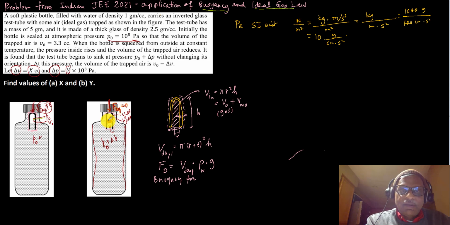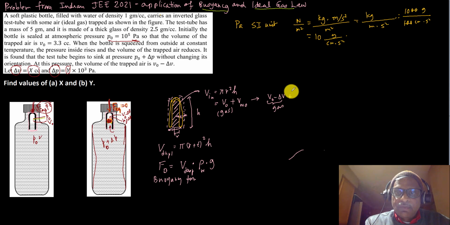Now here, what you've got is that this changes to V0 minus delta V for the gas, and VW0 plus delta V for the water.